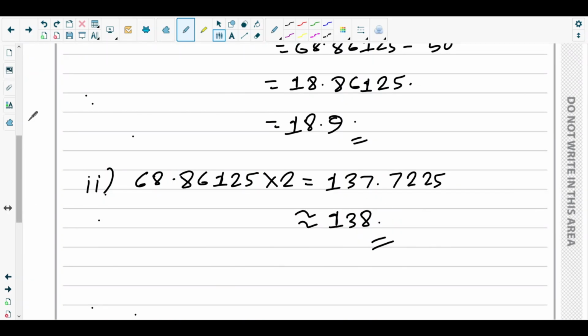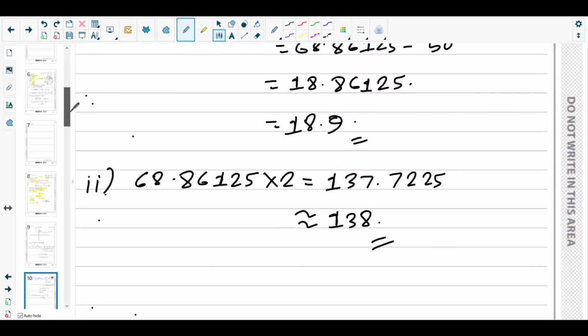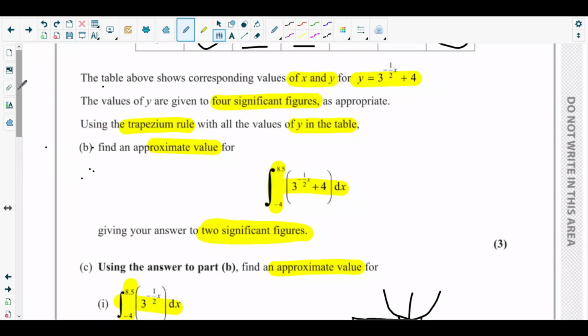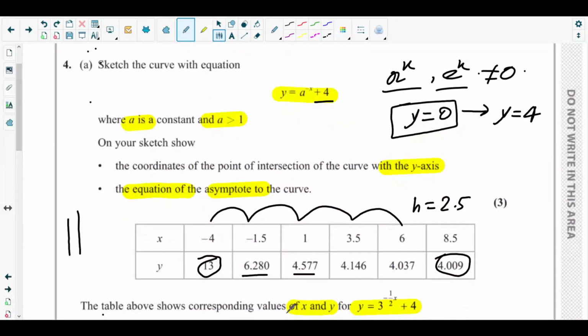That's the answer for part C2. And that's the end of question number 4 from the January 2024 Pure Mathematics 2 paper. That's it.